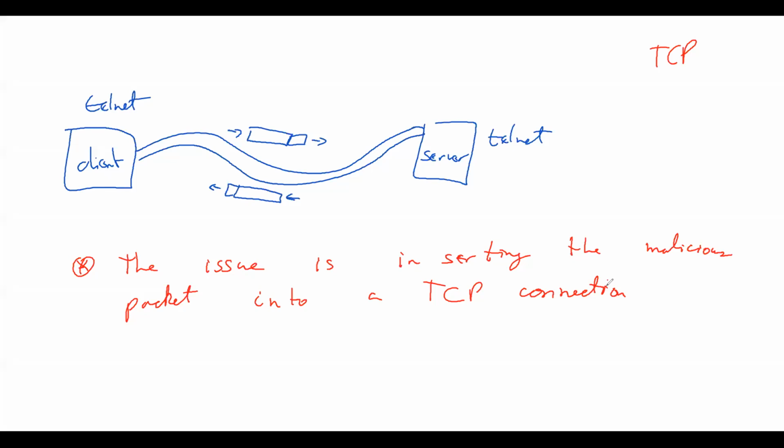So the key question is, the security mechanism used in the tunnel is based on the sequence numbers.